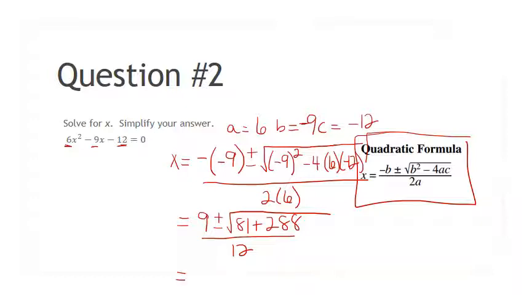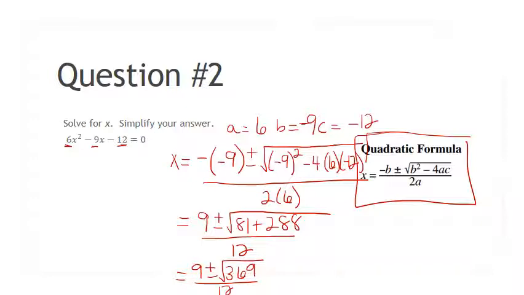Okay, so we can simplify this one more step. 9 plus or minus the square root of 81 plus 288 gives me 369, all over 12, and that's the square root of 369.